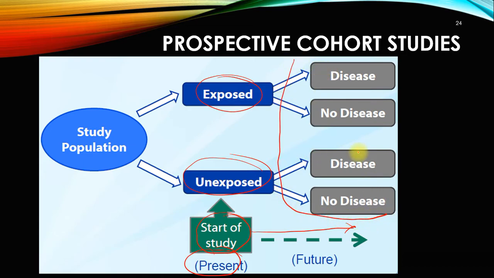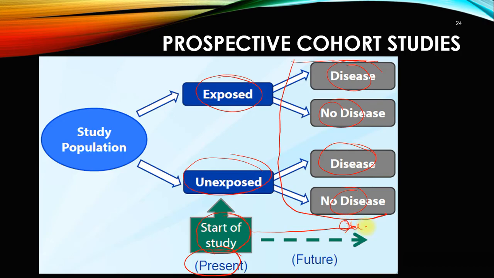So whether the population is exposed to the drug, will that exposed population have the disease or not, and if the population is not exposed to the drug, will that population have the disease or not.